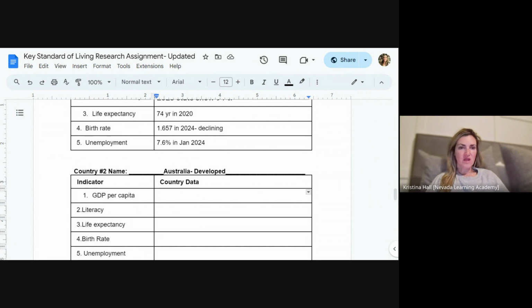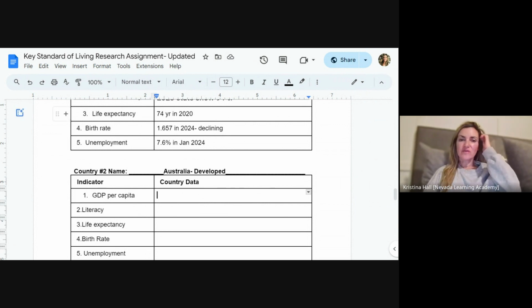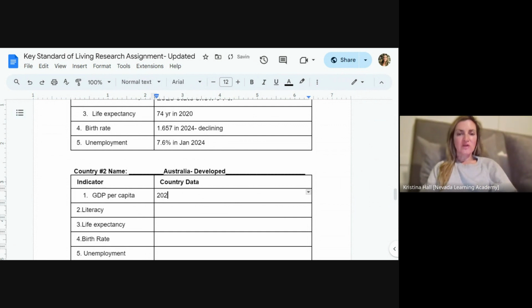The growth rate per person. Here we go. It reached an all-time high in 2022 of $51,090 US dollars. Okay, so they do a lot of them in US dollars, so it's comparable. All right, so 2022, which was 51,000.